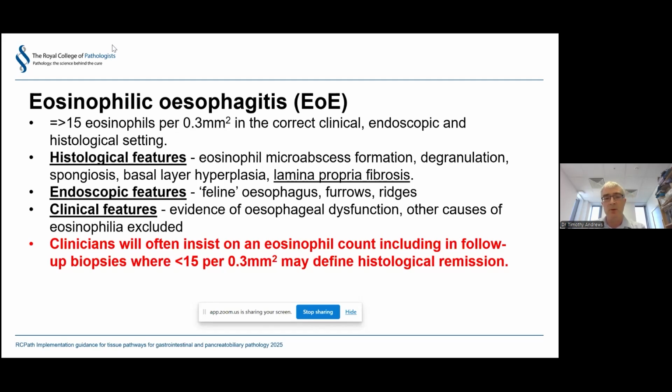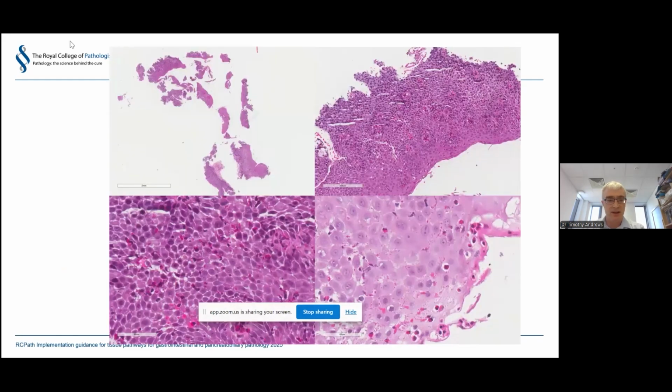So again, the importance of clinico-pathological correlation. And here's just a histological image here, and obviously I'm sure everyone will be quite satisfied that this is a good example of eosinophilic esophagitis, the rather hyperchromatic appearance, abundant eosinophils, and perhaps some small microabscesses over here.